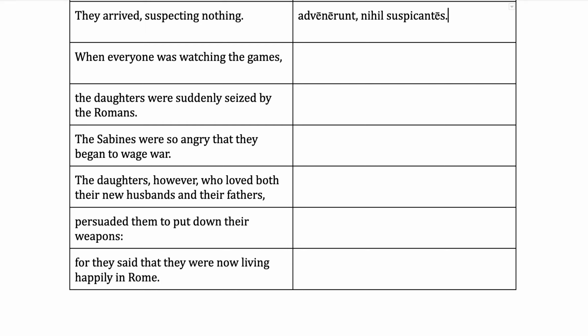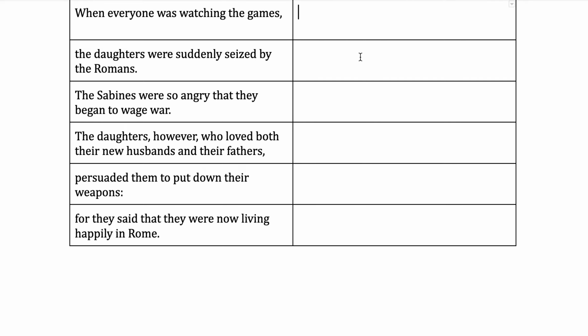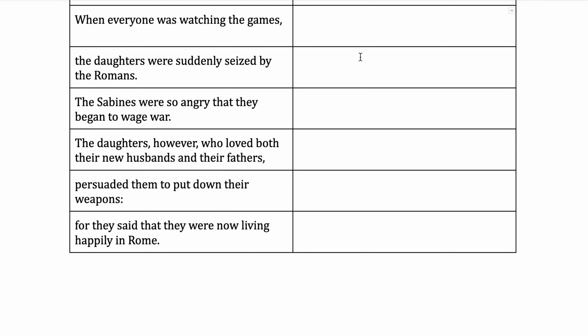Then in the next sentence, when everyone was watching the games, now you could here use ubi and then an imperfect tense verb, or even dum with a present tense verb, but a very nice way of translating this sentence would be with an ablative absolute, with everyone watching the games. So everyone is omnes, but in the ablative we want omnibus.